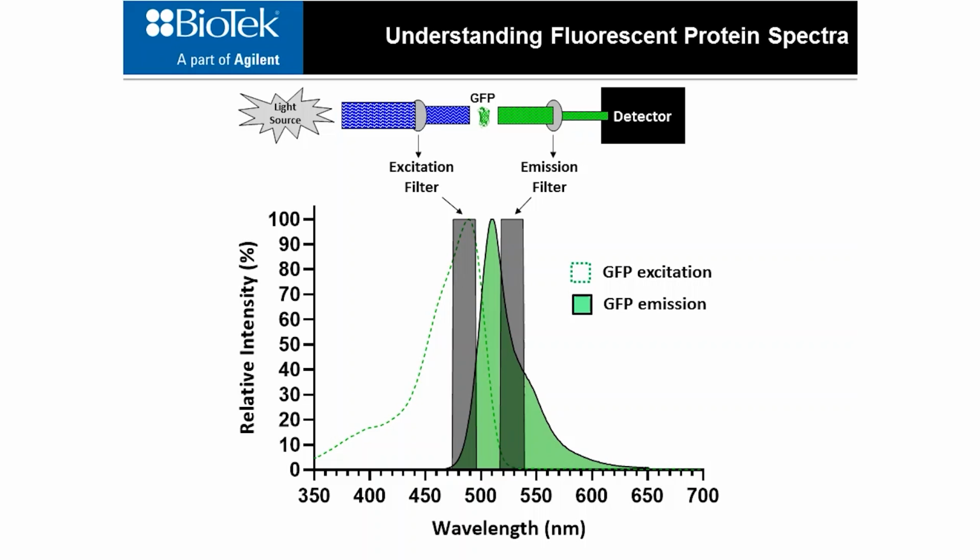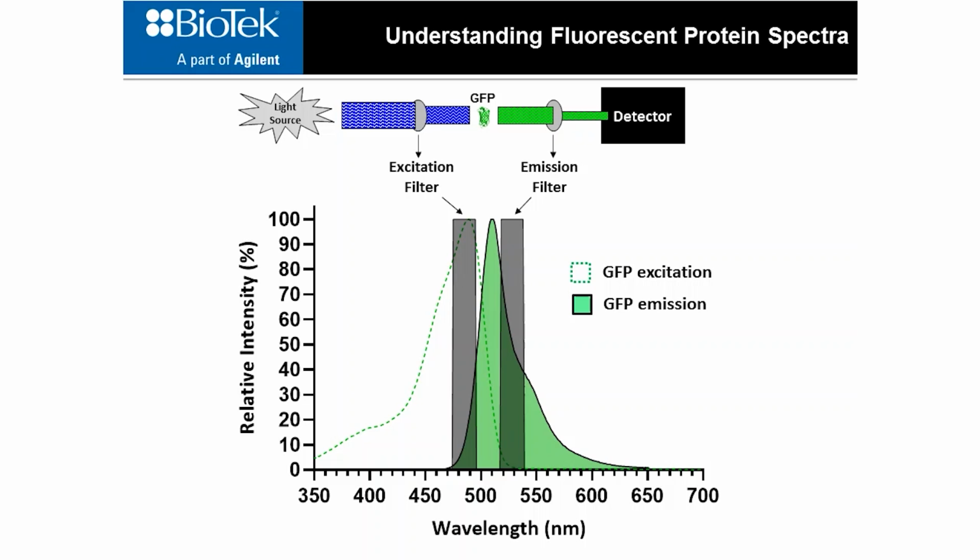That emitted light would then be further filtered with an emission filter and detected by a detector, either a photomultiplier or a camera. And of course, you would want the excitation and emission filters to be fairly separated so you have no interference between the light collected and emitted.